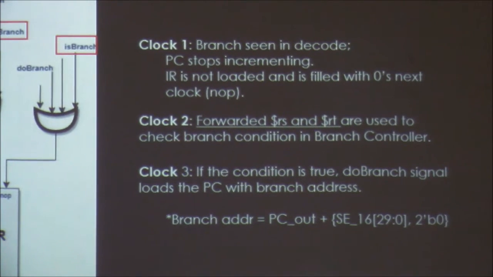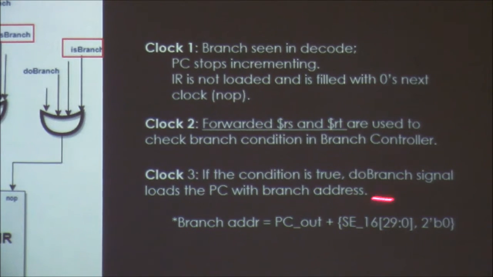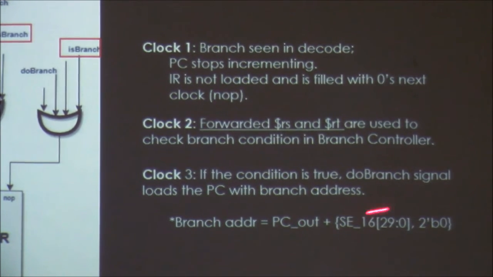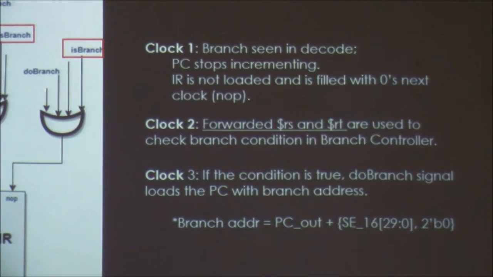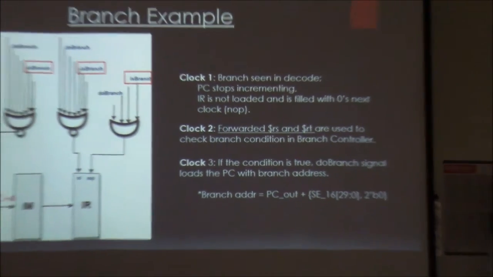And if it is true, then the do branch signal loads the PC with the branch address seen here. We have a different sign extension because of pipelining, so you guys aren't really familiar with this branch address. So tell us about it then, since we're not familiar.